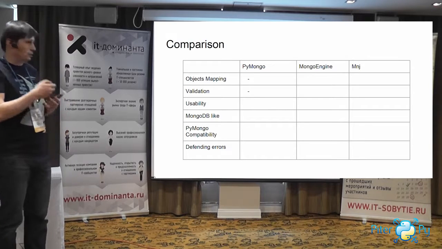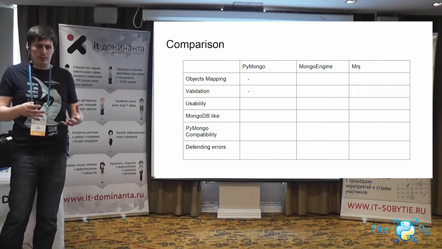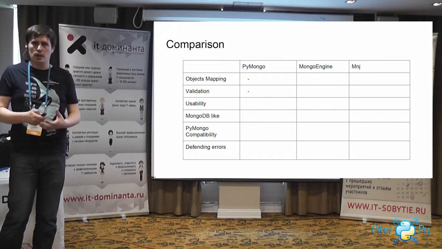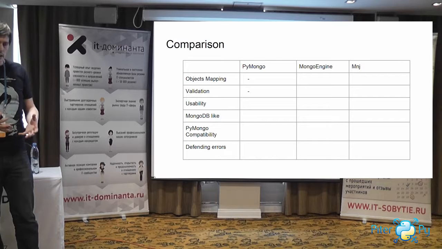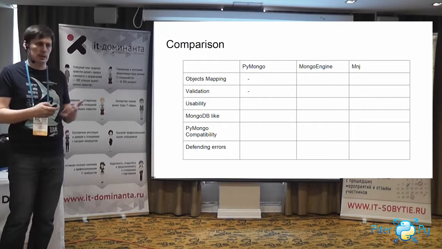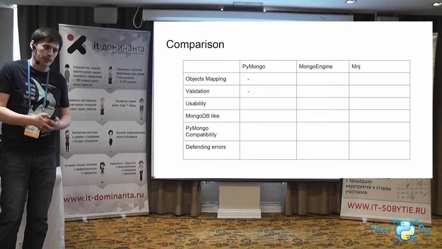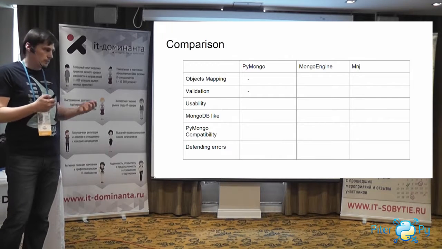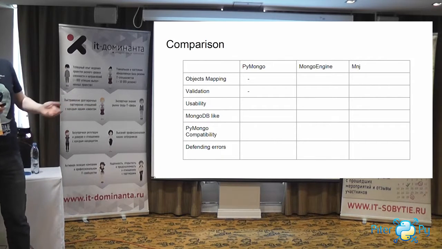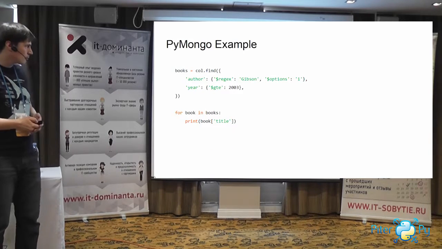PyMongo compatibility, to be able to replace some things if the library cannot do it. I want to place somewhere a raw PyMongo query and get what I want. And of course, I want the library to help me defend against some errors.